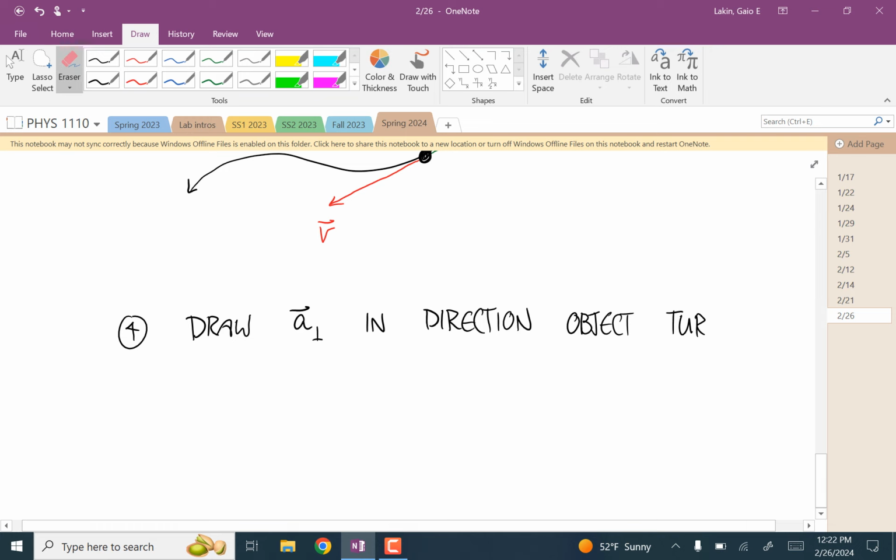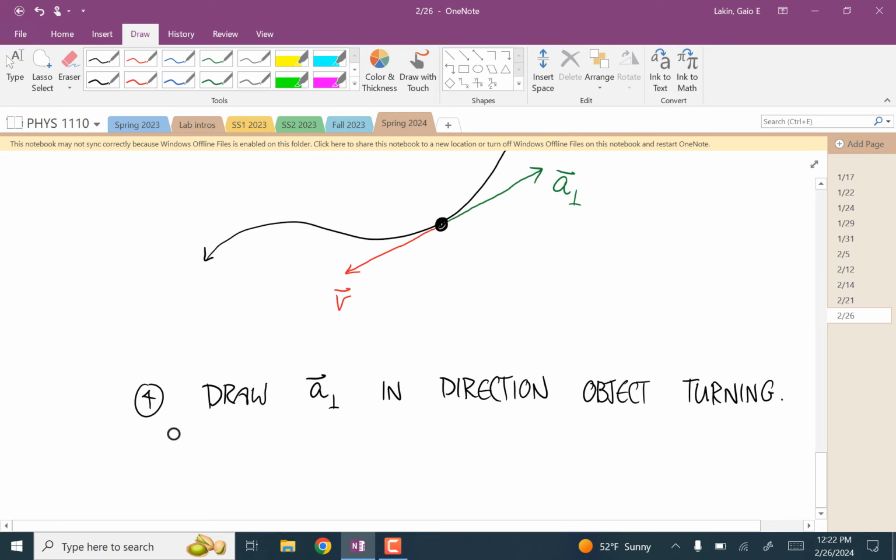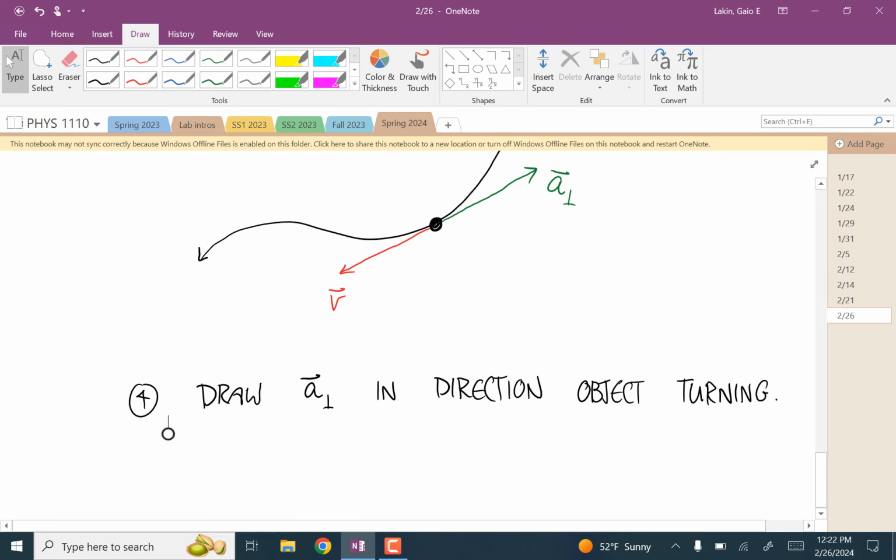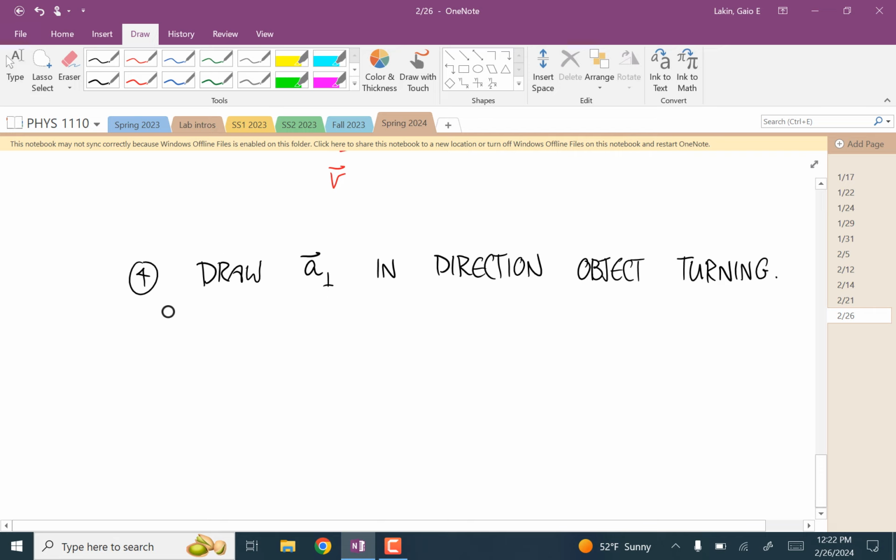One way to think about this, you can think about which way the object would have to turn its steering wheel to stay on the path that's drawn. You can also think, if you fit a circle to the path at that instant that you care about, this line is always going to go toward the center of the circle. Okay, so that's what I'm going to write down.